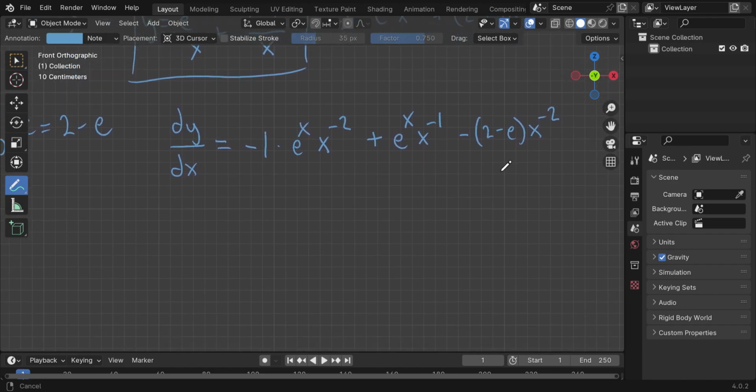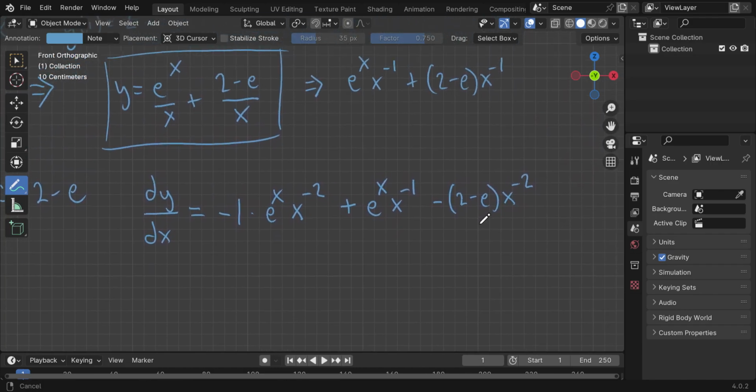So if we look at the initial problem, it said that x times y prime plus y equals e to the x. We're just going to go through and rigorously prove that.